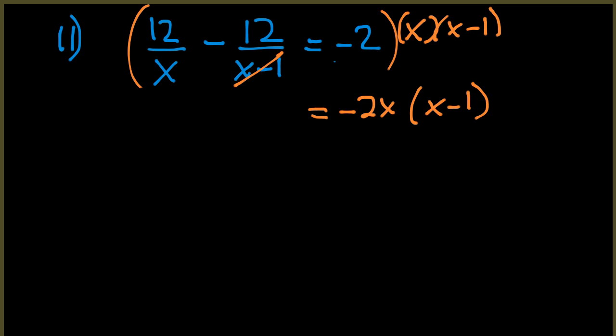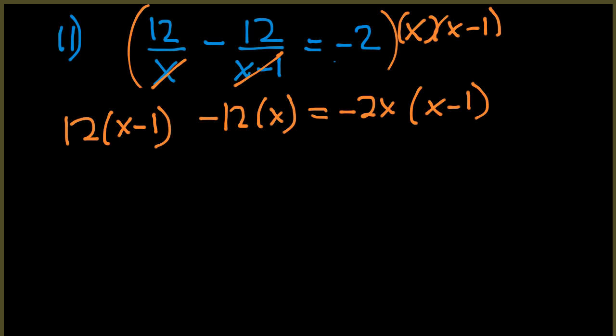In this term, I'll be left with negative 12 times x. And in the first term, I'll be left with 12 times x minus 1. And now I can start to simplify.